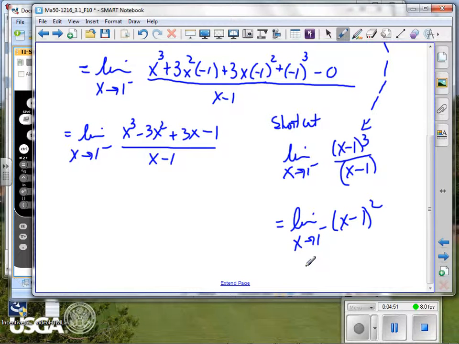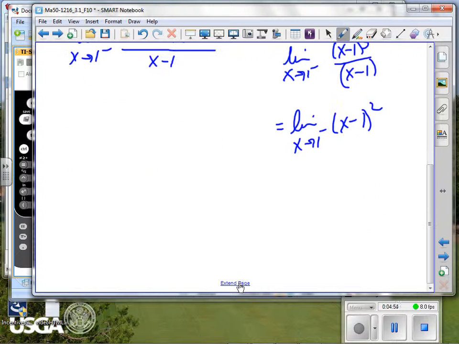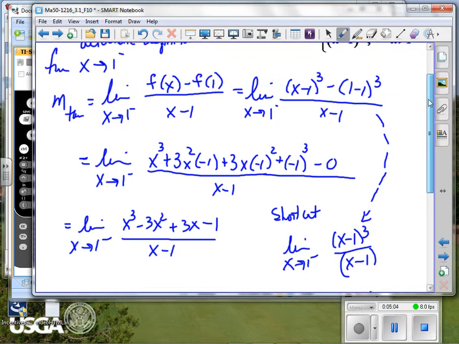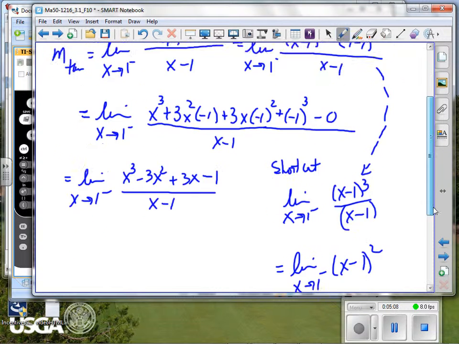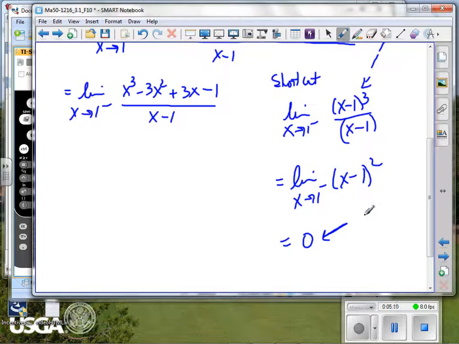Can I use direct substitution? And when I do, I get 0. So remember, what does this mean? It goes all the way back to the slope of the tangent. So this is the first derivative at x approaching 1 from the less than 1 side.